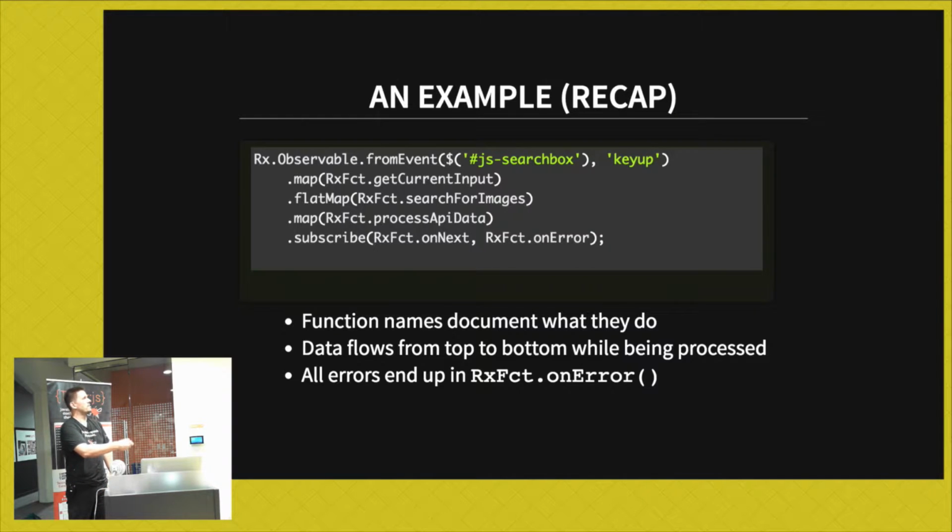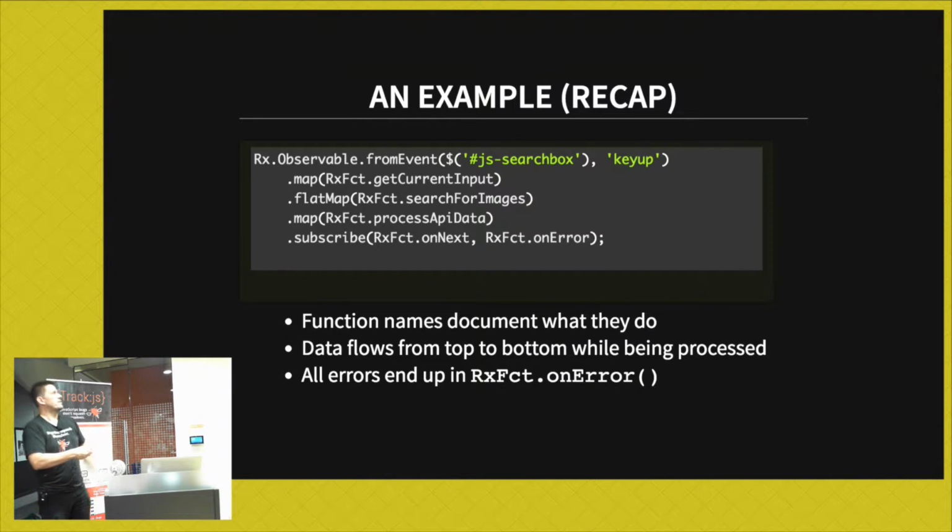So now what's in the input box goes into search for images, which is a method that goes to Flickr and gets data back. As the data comes back, it goes into process API data because I want to format it somehow so that I can use it. Once that is done, I have the data in a format that I can use. So I subscribe to it with an onNext method, and that's all there is to it.